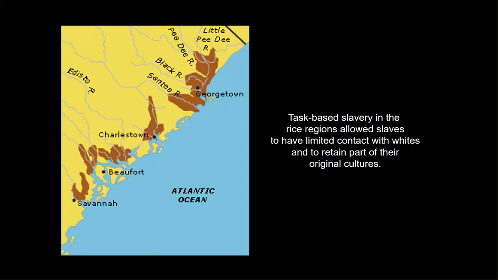They also created a new language. Slaves in the rice districts in South Carolina and Georgia created a language called Gullah. That language mixed several different West African languages with a little bit of English that they had picked up, because they're coming from all of these different backgrounds.